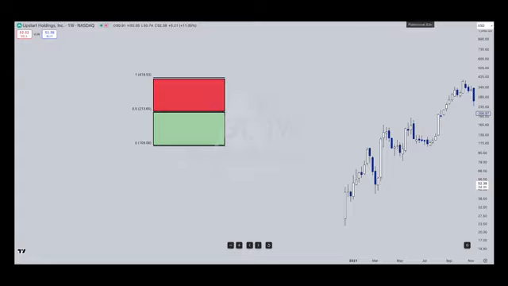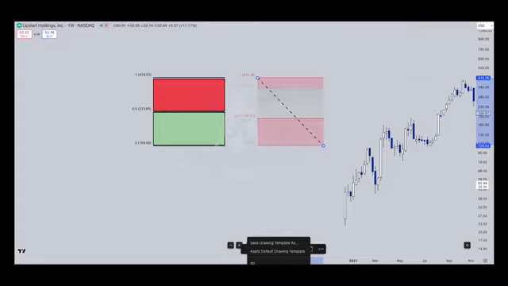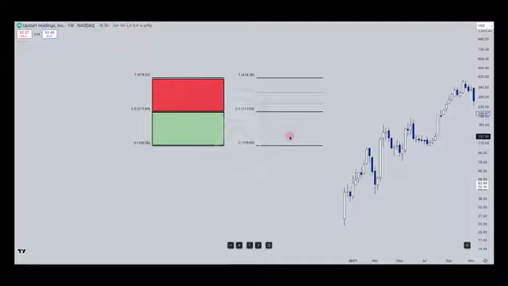Now, the other version of the Fibonacci tool is basically the same thing. It just has two more data points plotted on it.